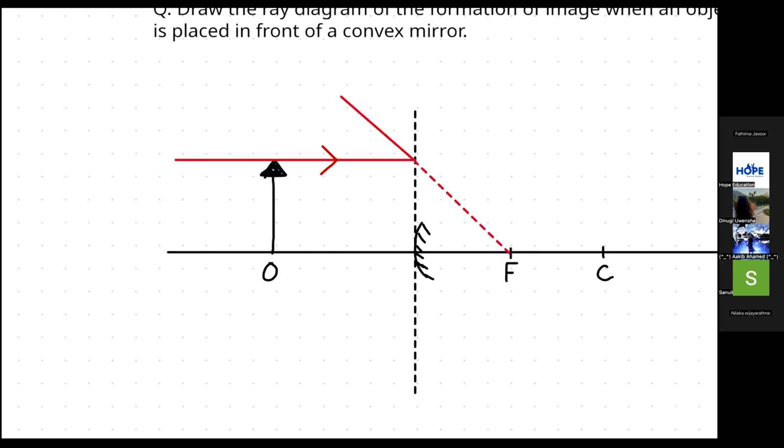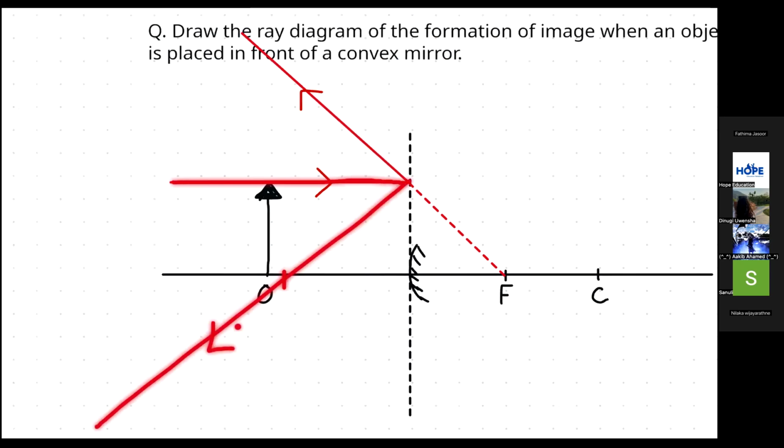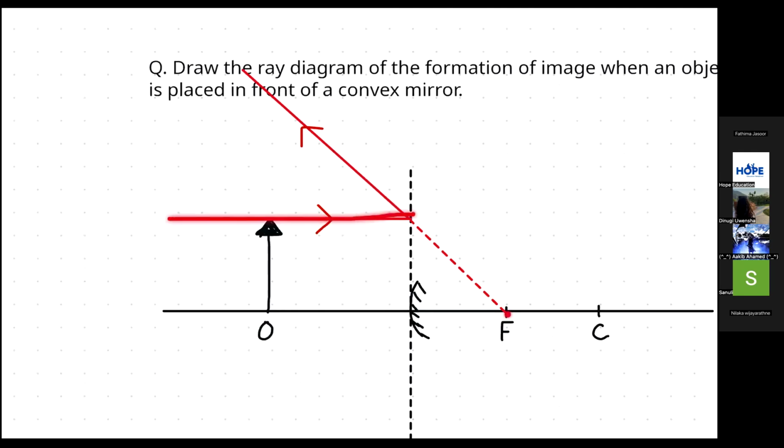But in a convex mirror the focal point is at the back. So the parallel light ray cannot reflect through the focal point, because this is a mirror. Light rays don't go inside like a glass. So it reflects as if it were coming from the focal point, to the outside, like this.